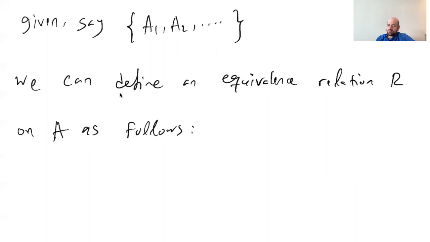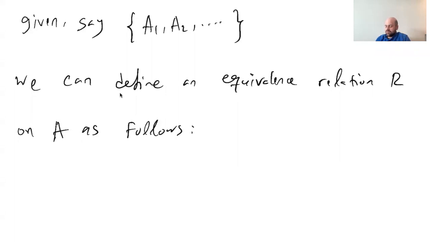We want to say that X is in relation with Y. Previously, we had the relation and found the partition given the relation. Now it's the opposite: we have the partition and we want to define the relation using the partition.